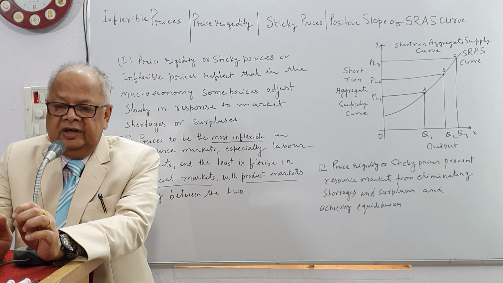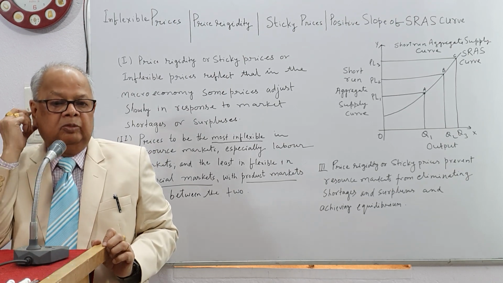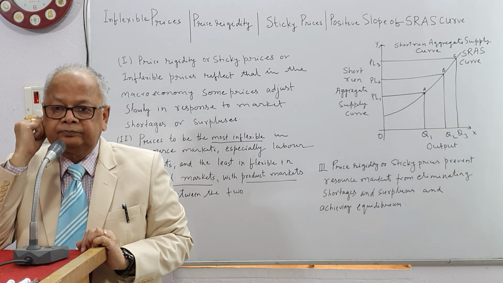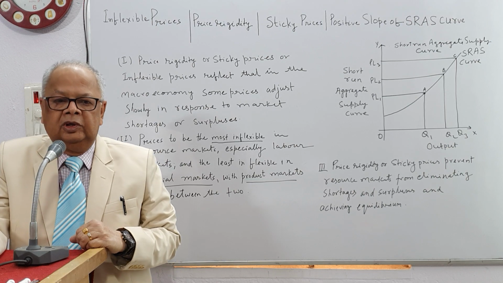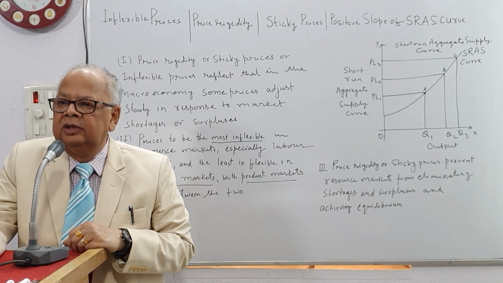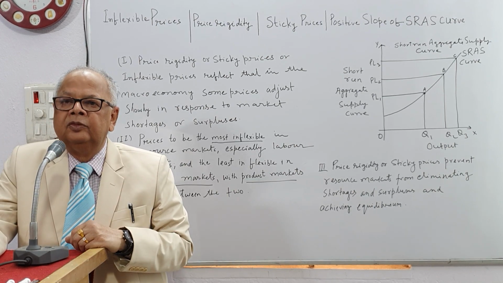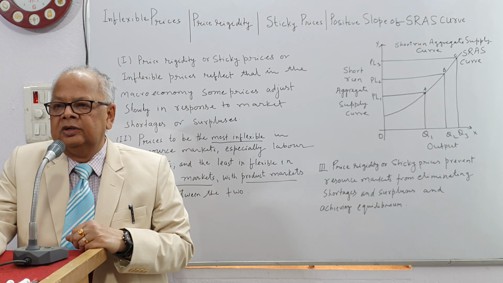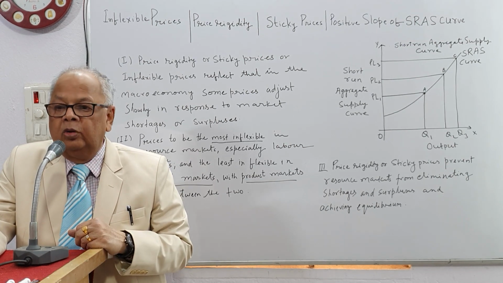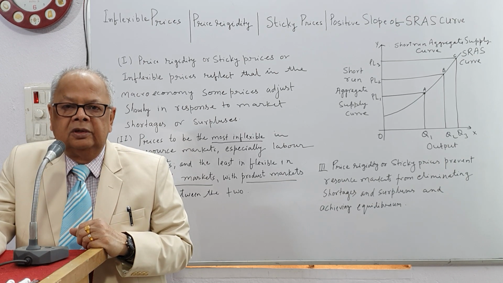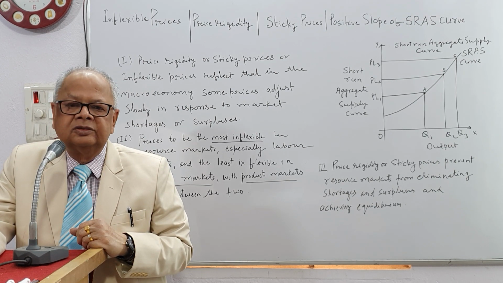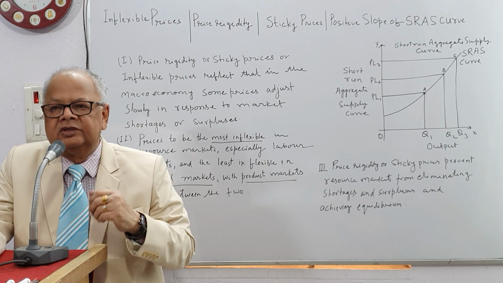This market clearing model plays an important role in macroeconomics. If the market is clear, there is equilibrium. If there is a shift from the equilibrium, it means the economy is facing either surpluses or shortages.